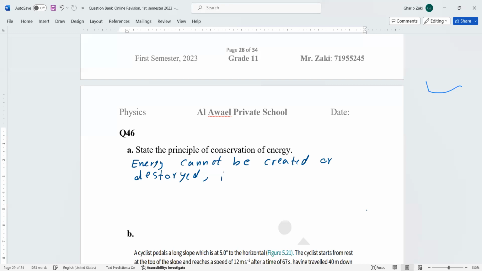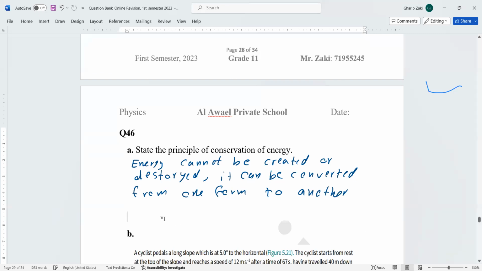It can be converted from one form to another. So this is the conservation of energy.